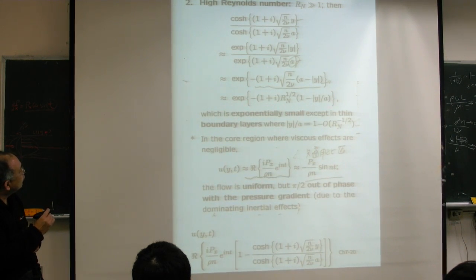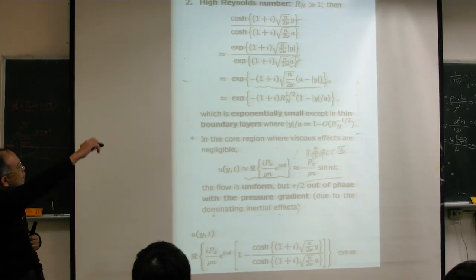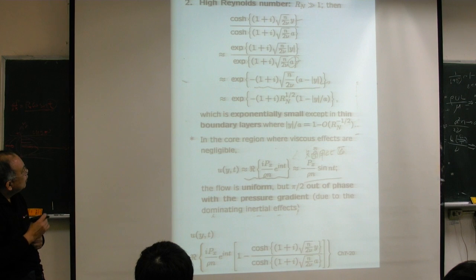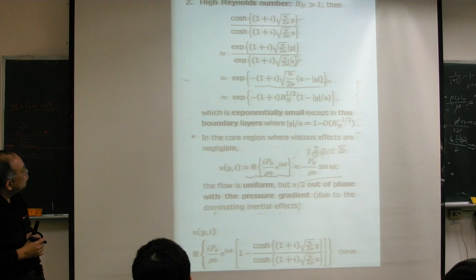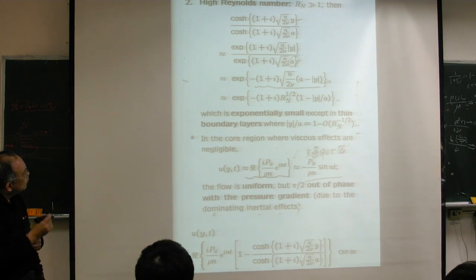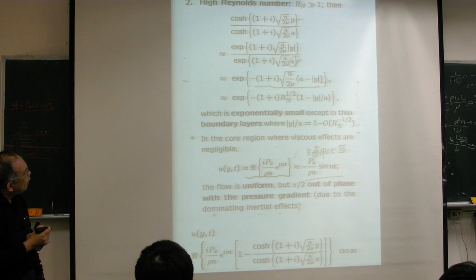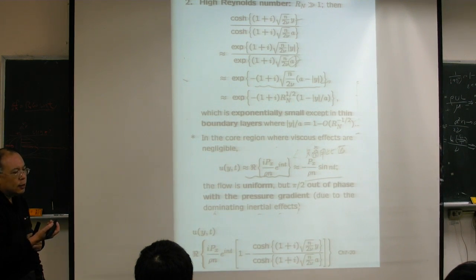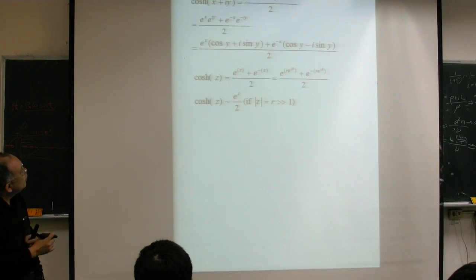So as you can see here, our u of y will be equal to what? We plug in and then we try to find out the solution form at what? Near the core region. Near the core region means near the flow here.